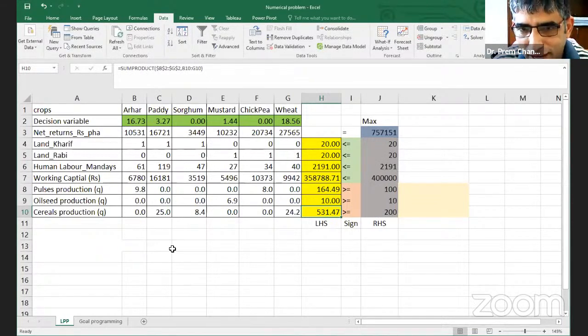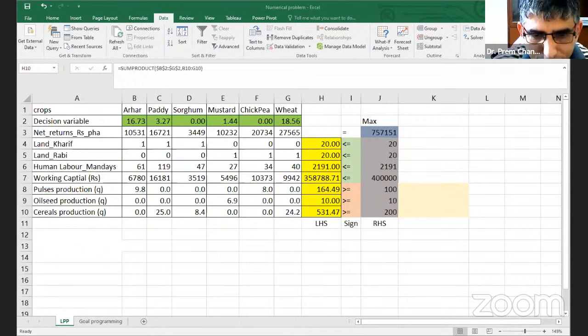We should allow some flexibility, and that flexibility is allowed by goal programming, and we can accommodate more constraints and objectives also. I'm explaining the steps, not actually in the practical. So this was my simple LP. Next is how to convert the LP into GP.